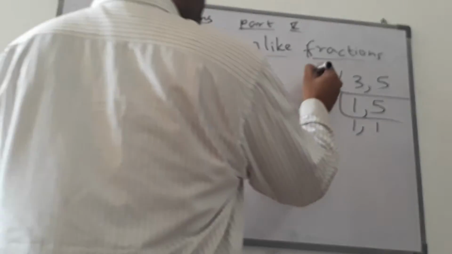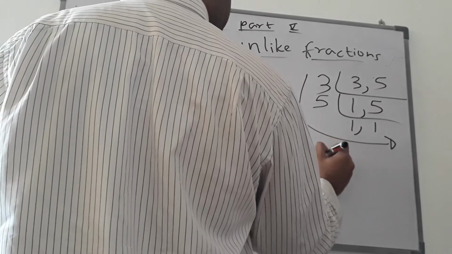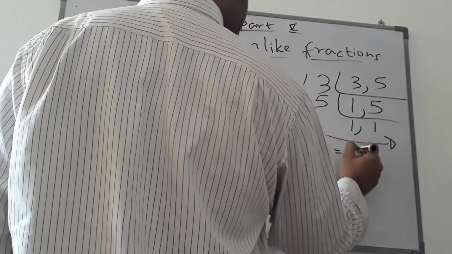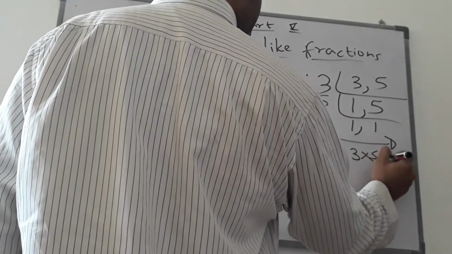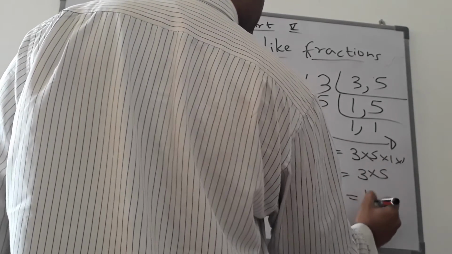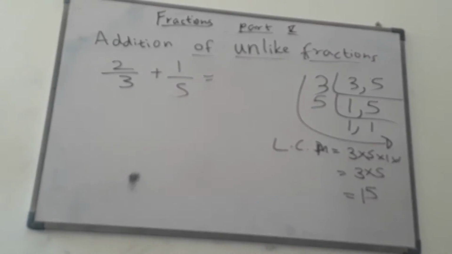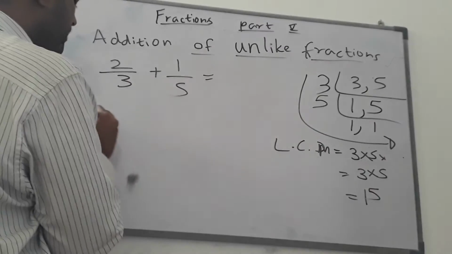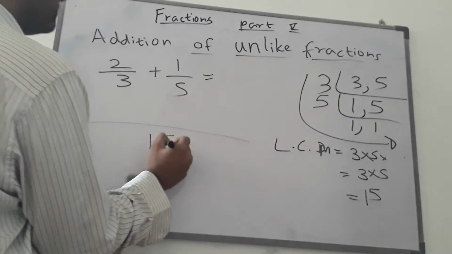So the least common multiple or least common denominator is 3 times 5, which is equal to 15. No need of 1 times 1. 3 times 5 is 15. So here the least common denominator or least common multiple is 15.